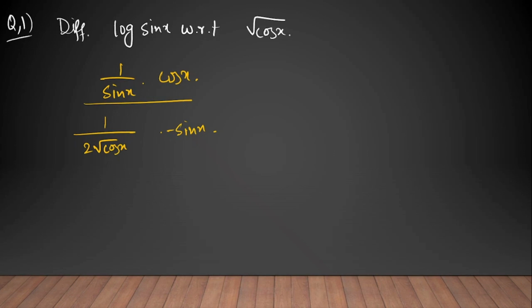This is the answer of the question. And so our next and final question of today belongs to the common area of derivatives. All concepts will be included in this.